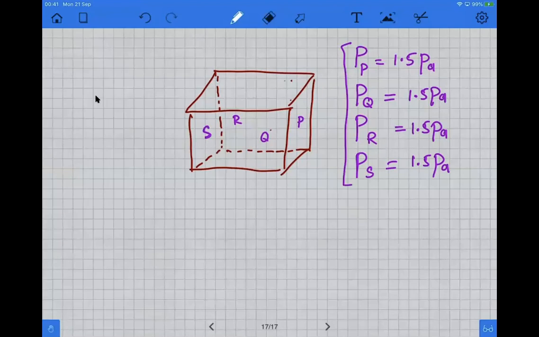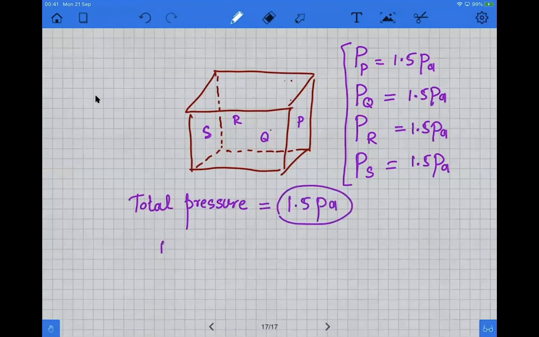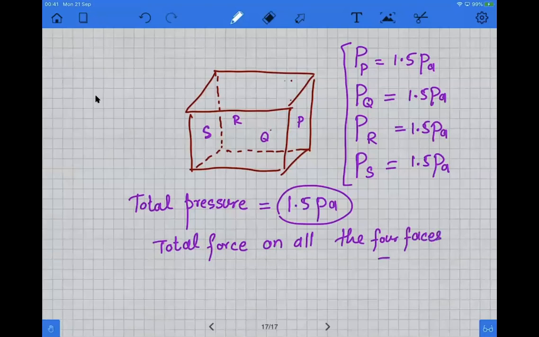Now, what is the total pressure on the side faces? Total pressure on the side faces will remain 1.5 Pascal, as total force on all the four faces will become 150 into 4, it will become 600 Newton.